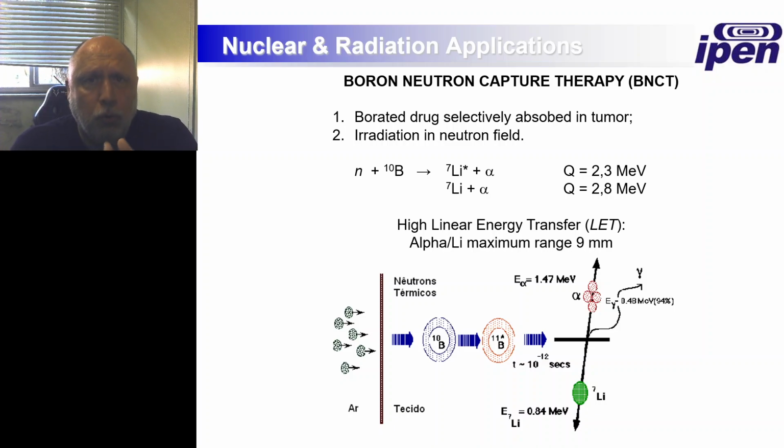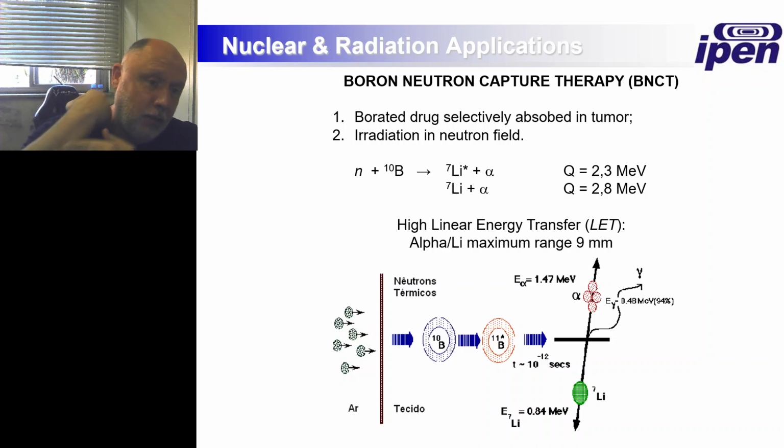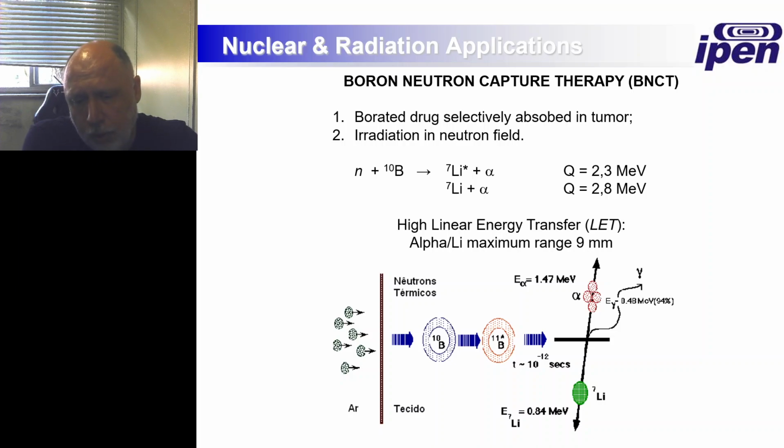There's something that was under development during the 70s and mostly the 80s. Small thing in the 90s. Nowadays it's just very small groups trying to develop it. It's boron neutron capture therapy. If you remember, a heavy charged particle like an alpha particle has a very, very short path inside solids, right?